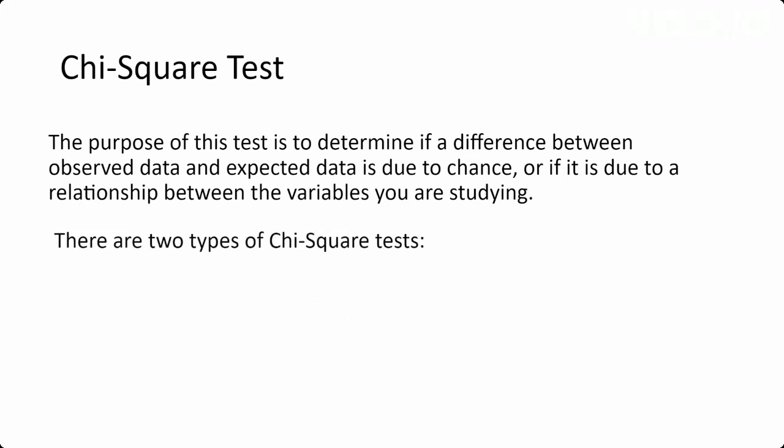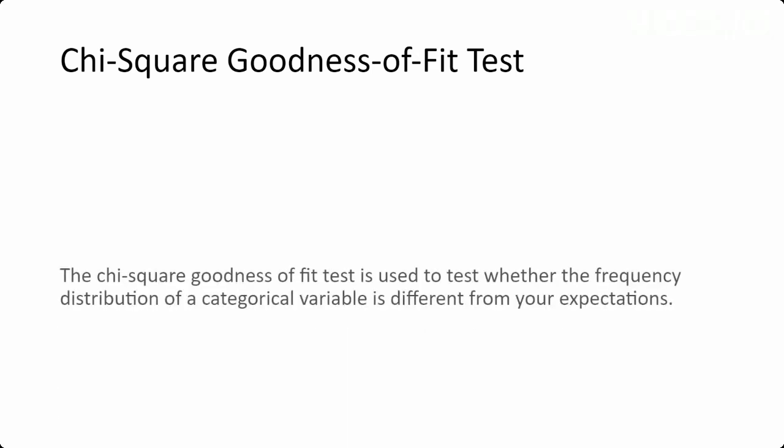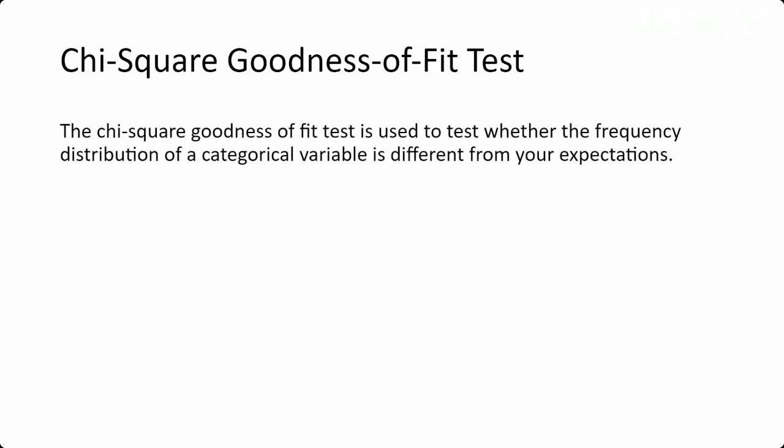There are two types of chi-square tests. One is the test of independence. The other one is the goodness of fit test. So, the goodness of fit test under this chi-square is used to test whether the frequency distribution of a categorical variable is different from your expectation.